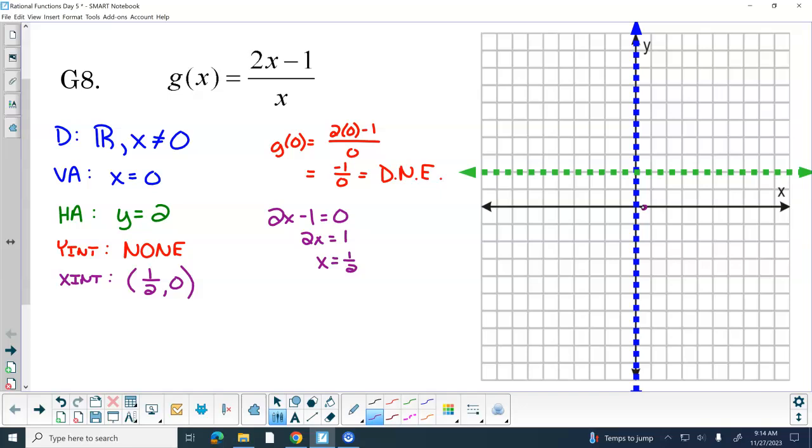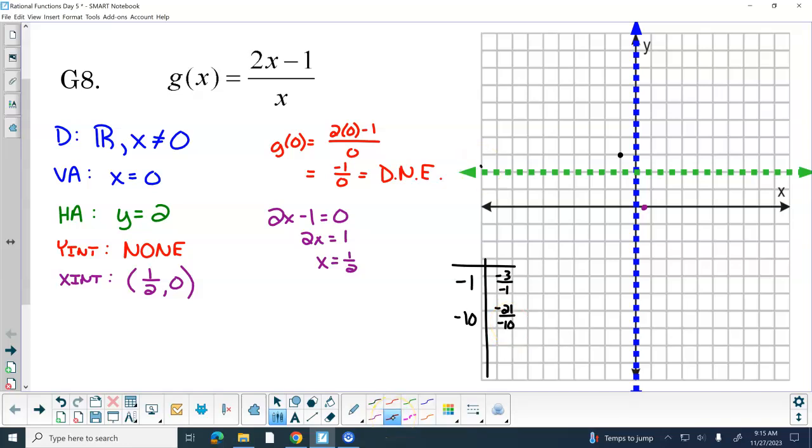And then we just got to find more points in those spots. So we've got a zone over here. Let's go with -1. If I plug in -1, I get -2 minus 1 is -3 all over -1, which is +3. If I plug in -10, I get -20 minus 1 is -21 over -10, which is +2.1.